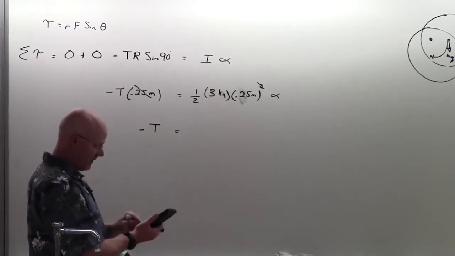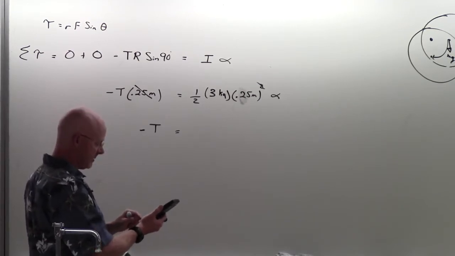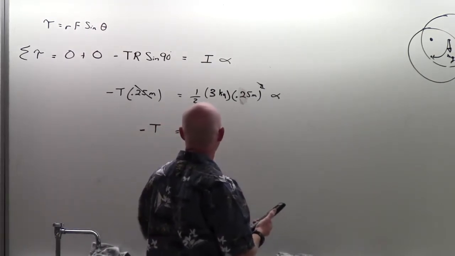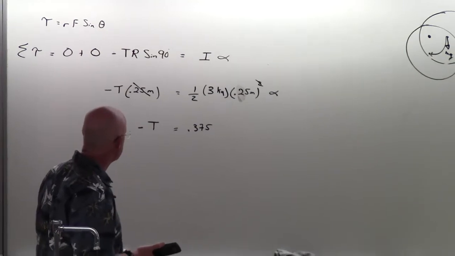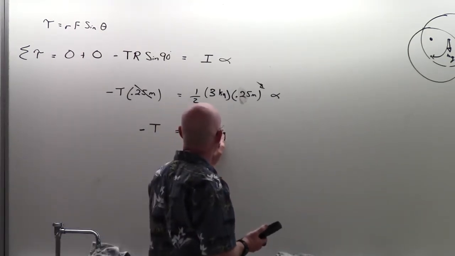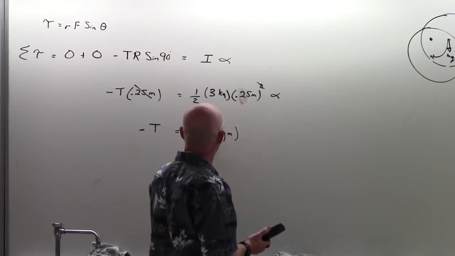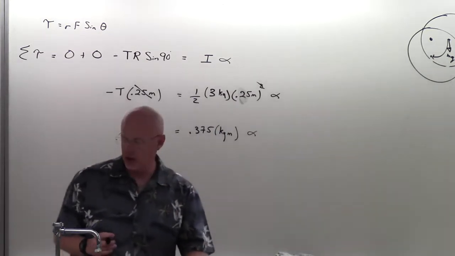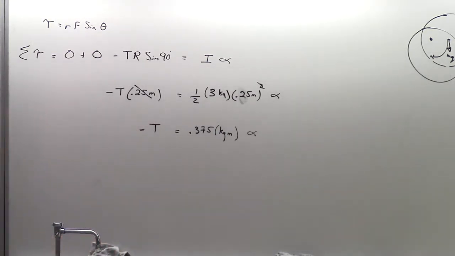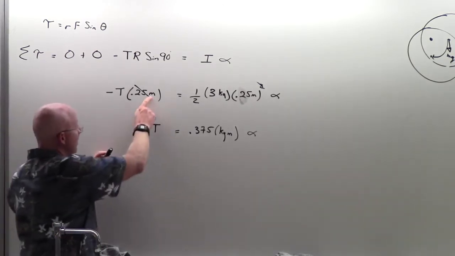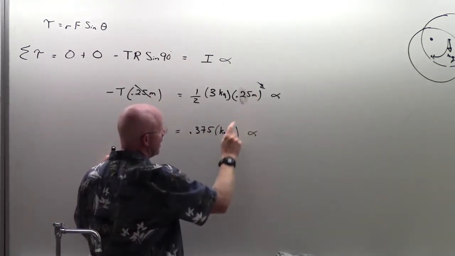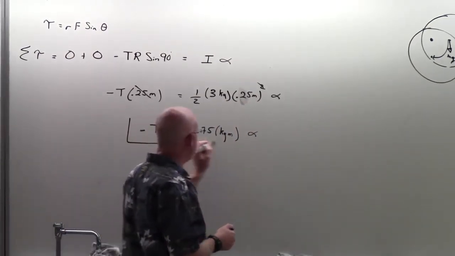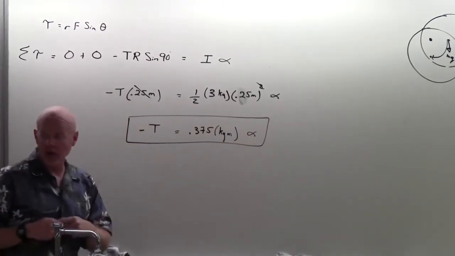And over here, I'll have a 1/2 times a 3 times a quarter. And so it looks like I have 3/8. I'll keep my units hanging around just so that I can check my unit analysis, make sure they're still working right. It looks like one of the meters cancels with one of those, and so I've got a meter from there and a kilogram from there. And so I'll put a little box around it, but that's really only half the problem.